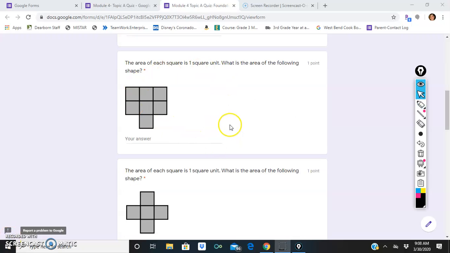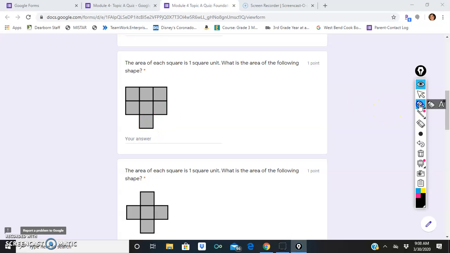All right, so the second one is very similar to the first one we did. It says the area of each square is 1 square unit. What is the area of the following shape? Well, a lot of you guys got this one correct, but once again, you didn't put the unit. You got to make sure you put those units on. All right, so we have 1, 2, 3, 4, 5, 6, 7 squares that I counted.